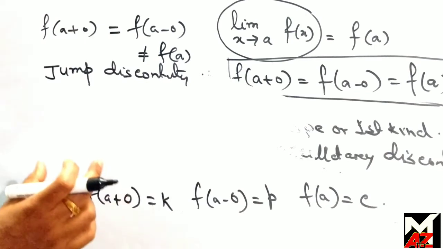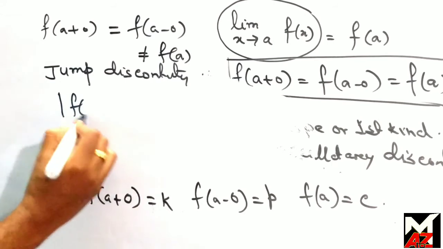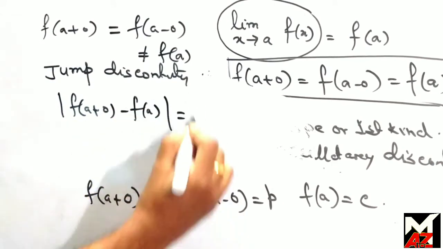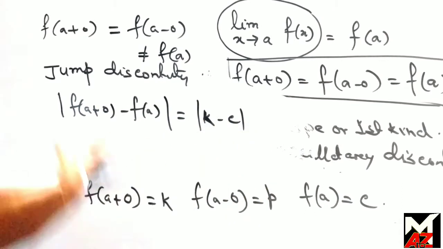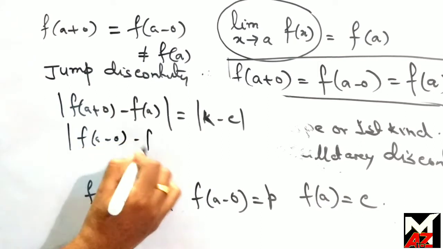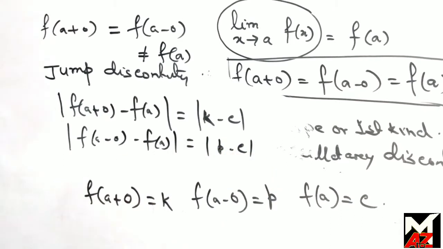And we measure the right jump as mod of f(a+0) minus f(a), that is mod of k minus c. And the left jump is mod of f(a-0) minus f(a), that is mod of p minus c.